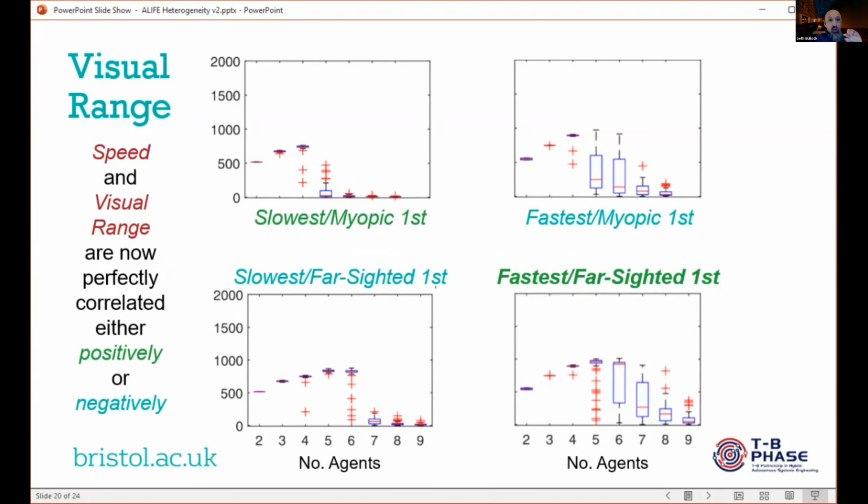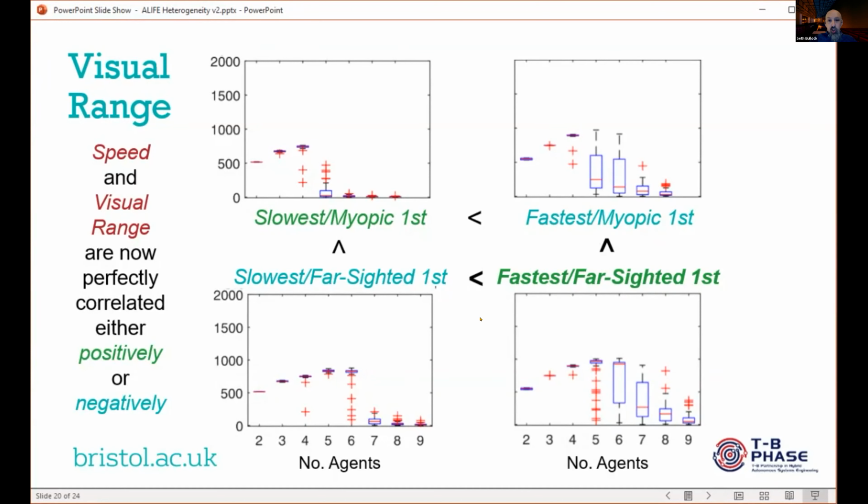But more interestingly, we can look at a situation where the speed property is correlated with the maximum visual range. So now we can have scenarios like this one where the slowest agents are also the most myopic. And if we let those go first, that is actually the worst case. And down in the bottom right, we can have a situation where the fastest agents are also the most far-sighted. And that is the best, kind of predictably, that's the best way of breaking these collisions.